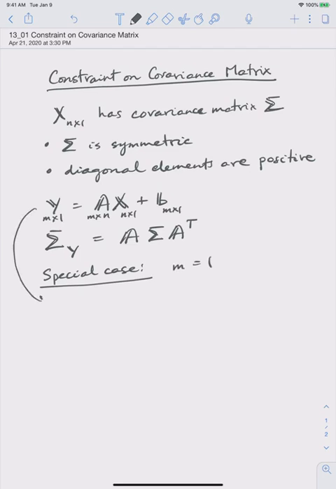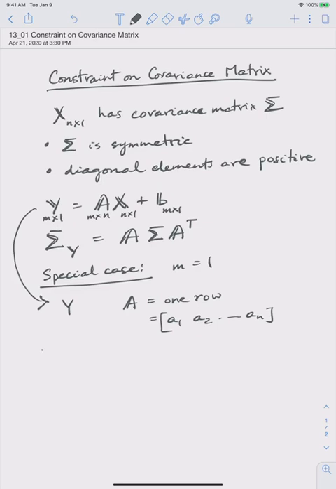In that case, this vector isn't a vector at all. It's just an ordinary random variable y. And A is just one row, which I will call A1, A2, AN. It doesn't need the other subscript because it just has one dimension.